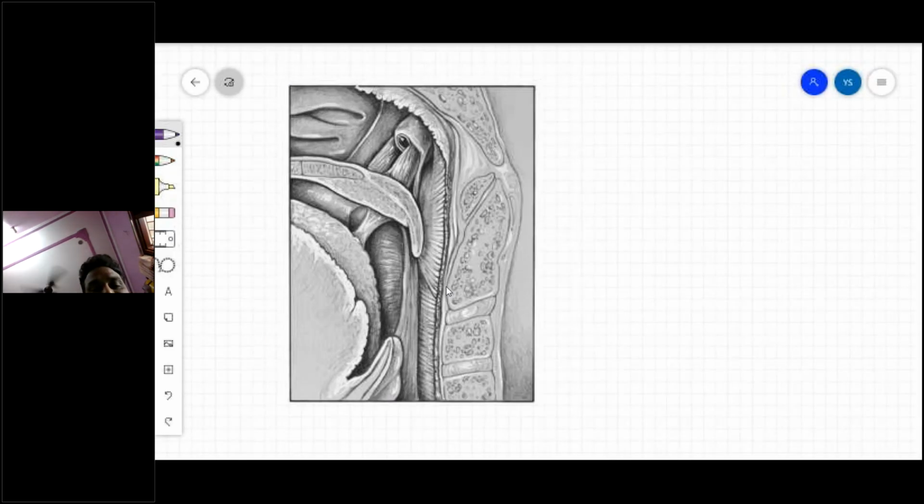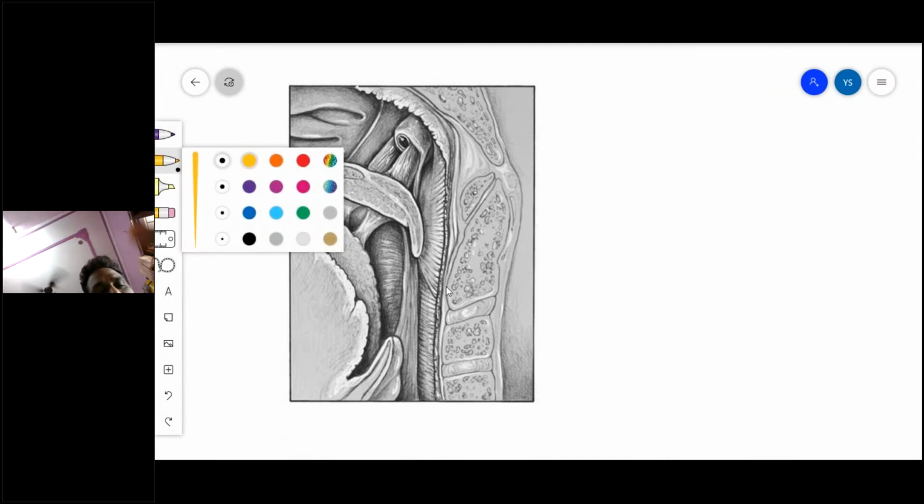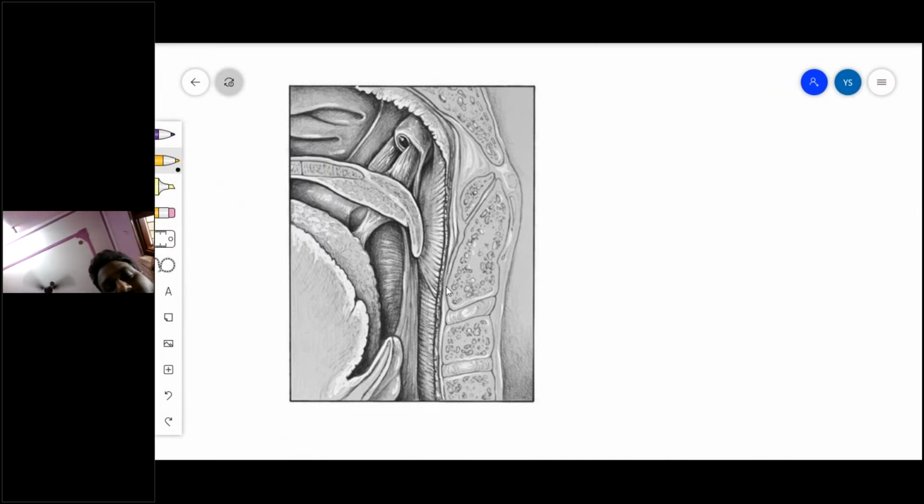Can you see this picture? Yes, sir. With yellow lines, I show you the soft palate. It lies behind the hard palate, between the oropharynx and nasopharynx.